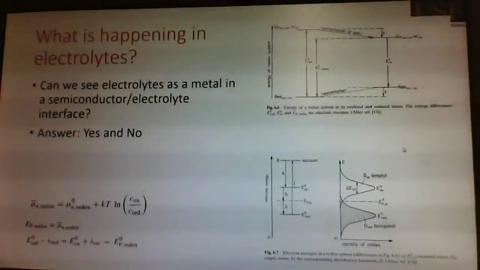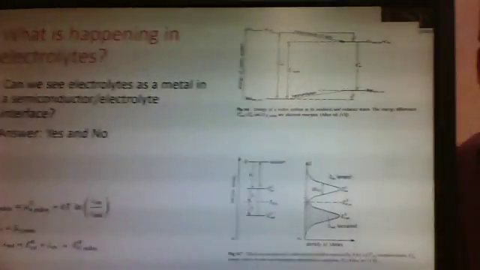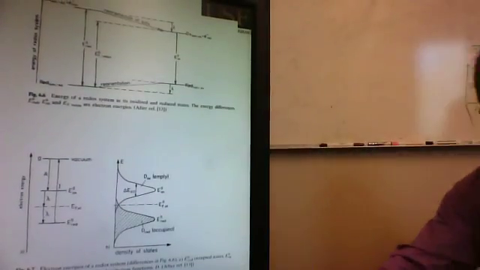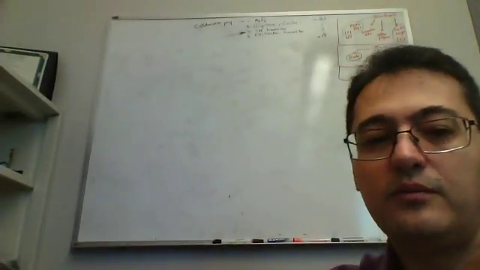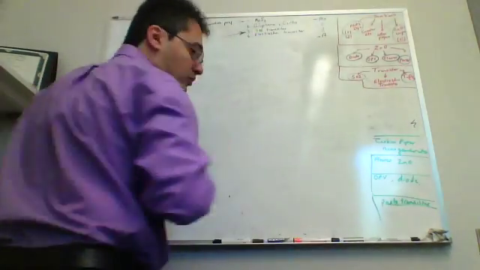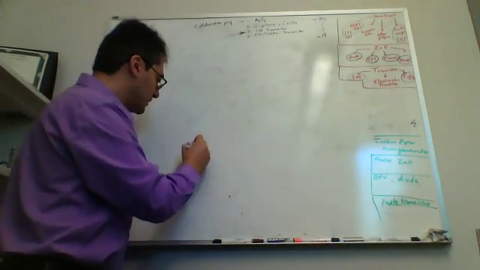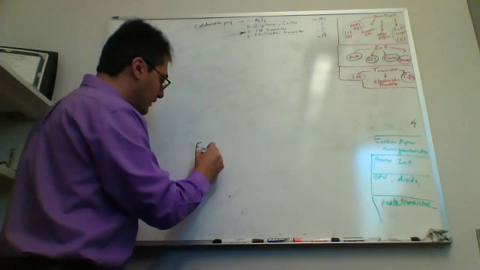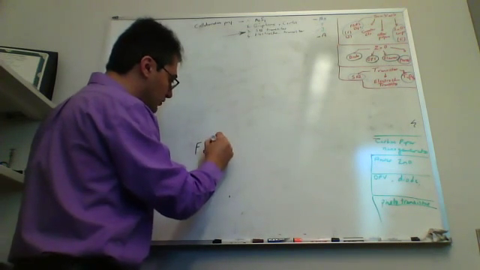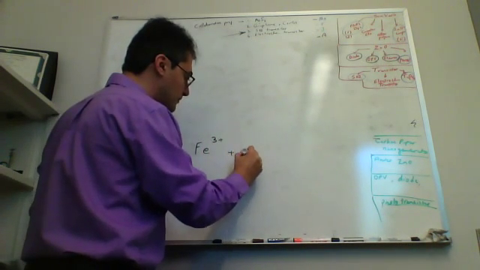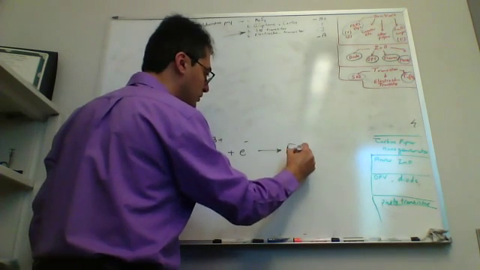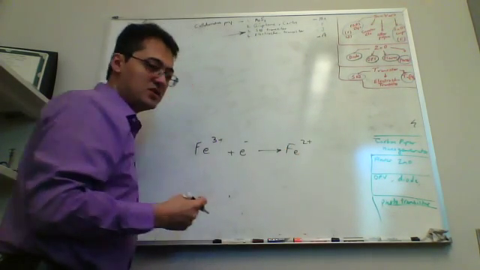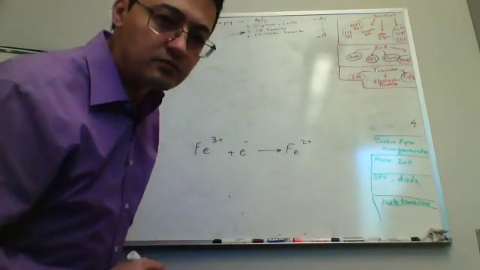So what you should remember is that, I'd better write this on the board maybe. What we have here is, let's say, Fe3+ plus an electron is giving us Fe2+.